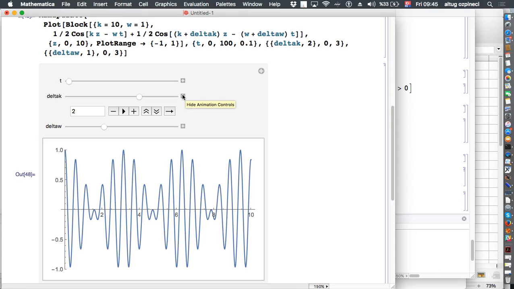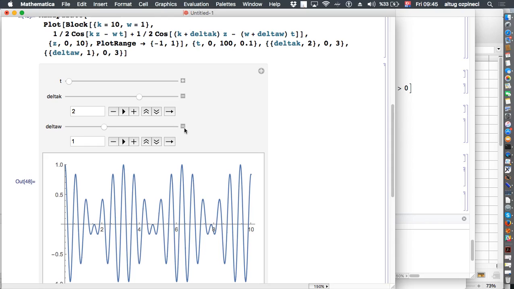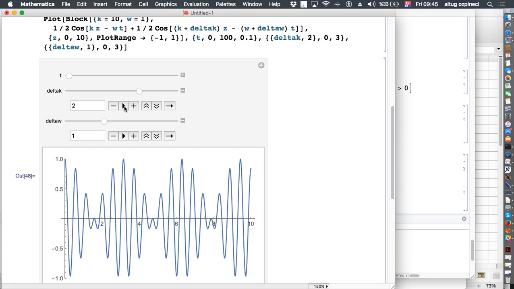And if you look at the angular frequencies, one has the angular frequency 1, the other one has the angular frequency 2. So they differ in angular frequency and in wavelength, not by an order of magnitude, but they are both of the same order of magnitude. And basically, this is how the wave looks.